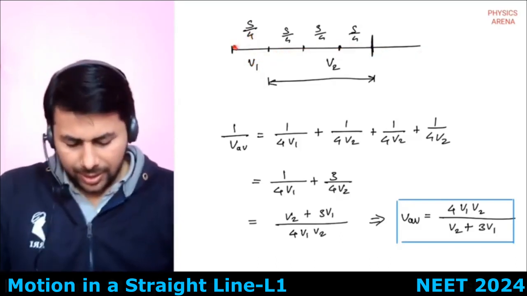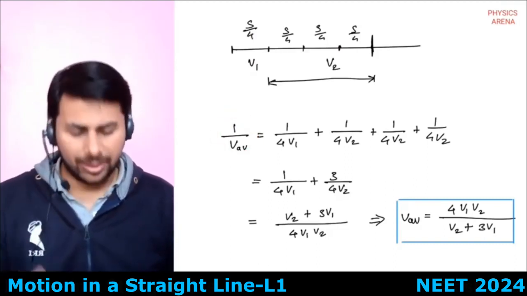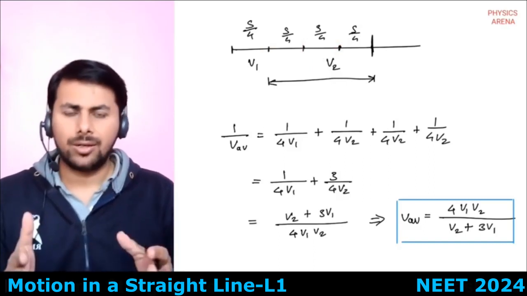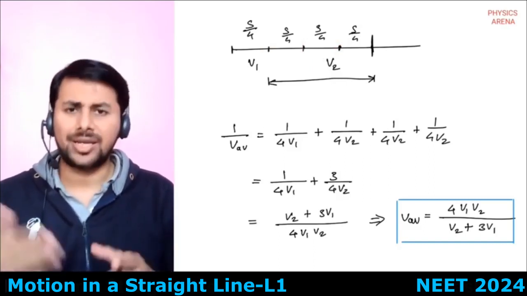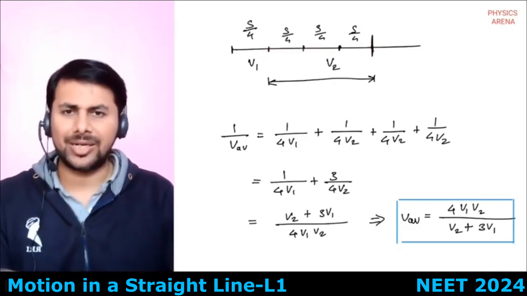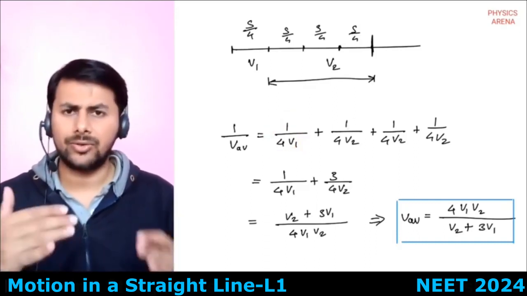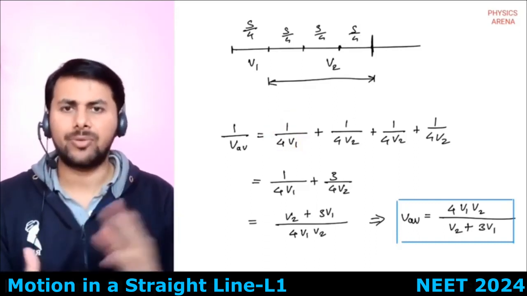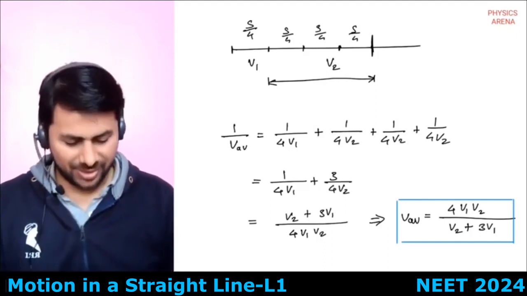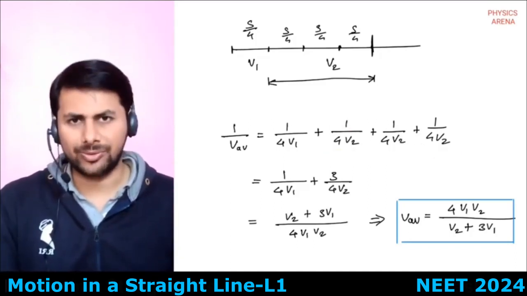So my average velocity will have this formula: 1 upon v average is 1 upon 4v1, because the total distance can be broken into 4 parts. This is s by 4, so the remaining distance I will break into 3 more parts. So 1 upon 4v1 plus 3 times 1 upon 4v2, or you can say 1 upon 4v2 plus 1 upon 4v2 plus 1 upon 4v2.